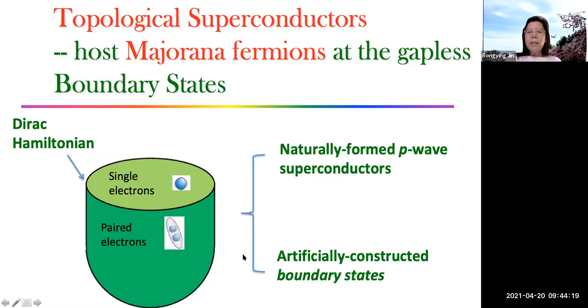Another way, which theorists mainly have been trying in the last decade, is to make it another way, because, as I will show you in the next slide, the naturally formed spin-triplet superconductors are really unusual. So there are other ways we can use artificially constructed systems to host such boundary states.